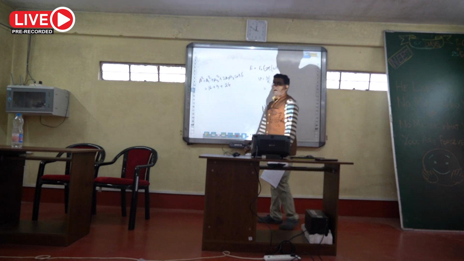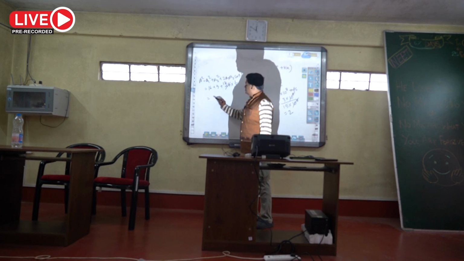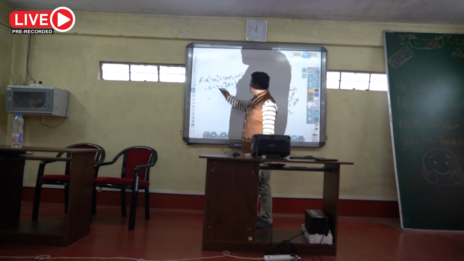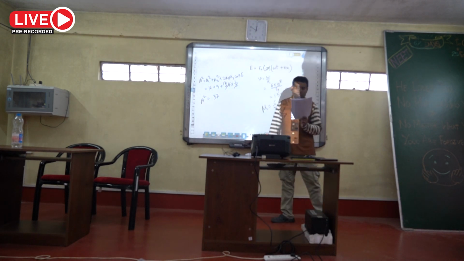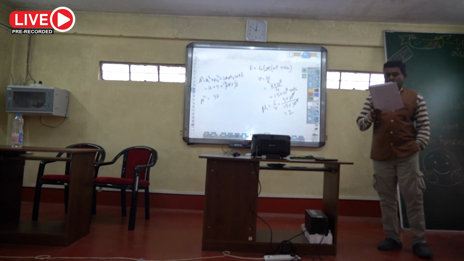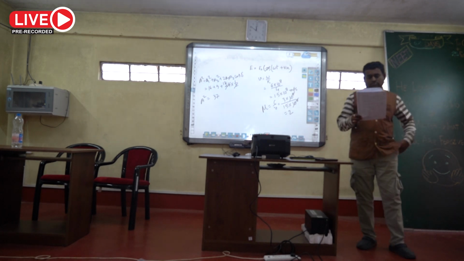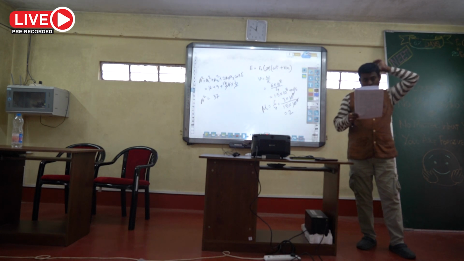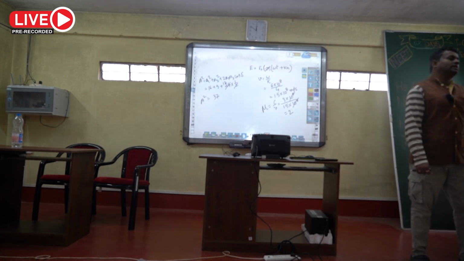Cos 60 is sin 30, that is half. So it is coming 16 plus 9, 25, 25 plus 12, 37. 6 point something, only one option is there, 6.1. A square 37, so A is 6.1.